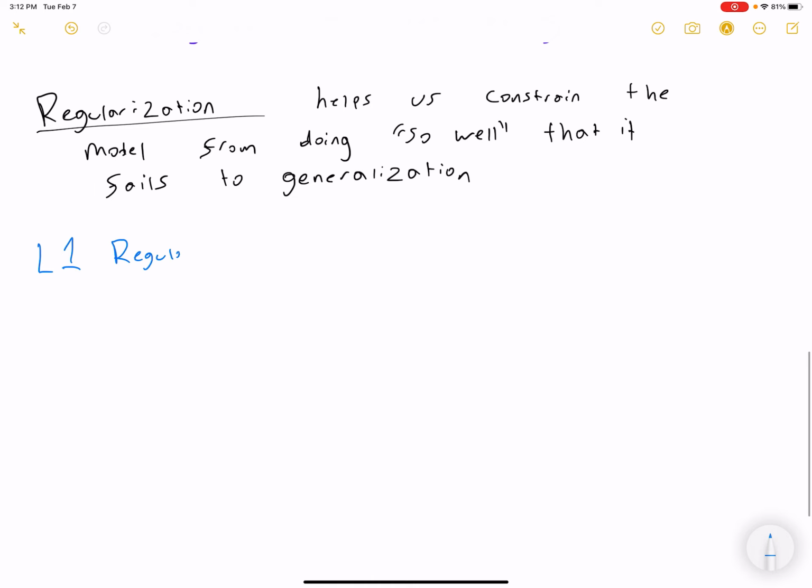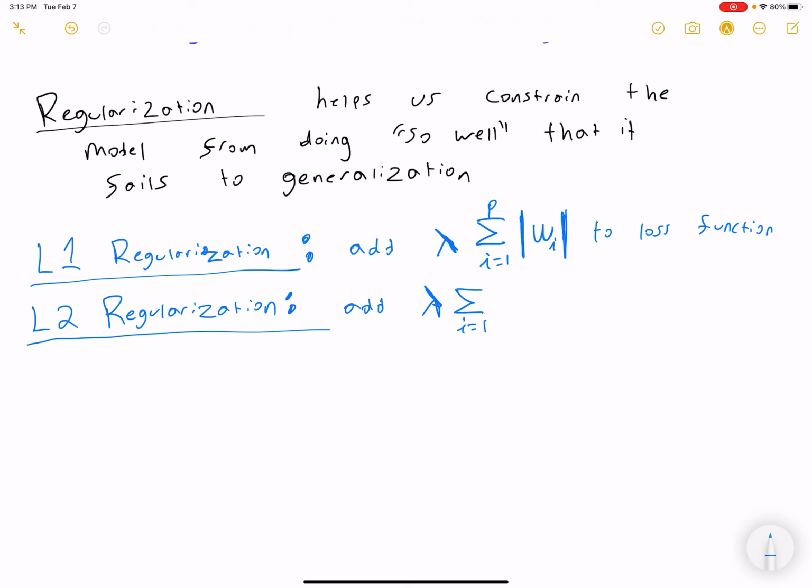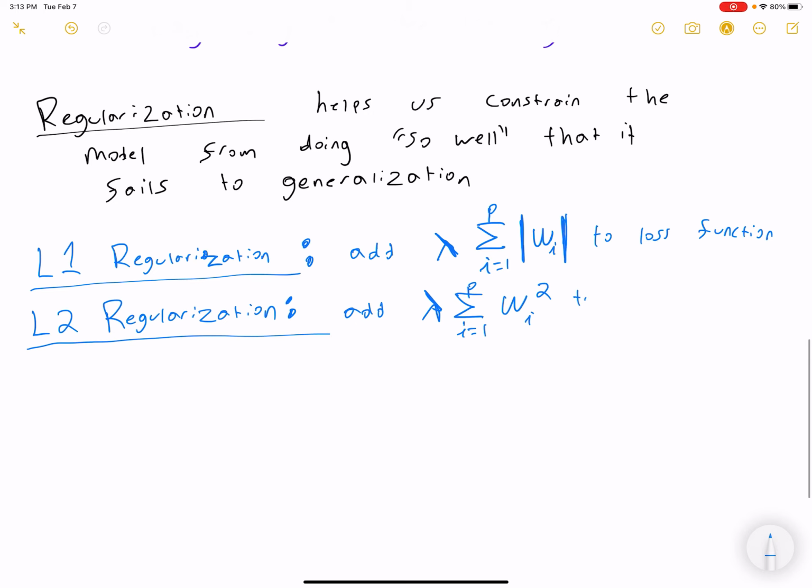So L1 regularization is where we add this hyperparameter times the sum over our model parameters of the absolute value of the model weights, and similarly L2 regularization is where we add that lambda hyperparameter times the sum of our parameters of the square of the weights to the loss function.